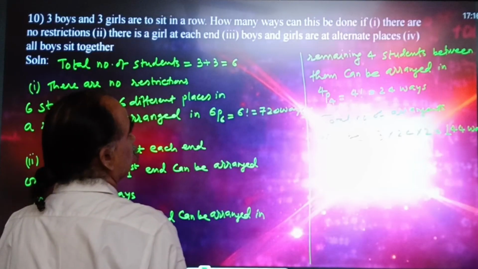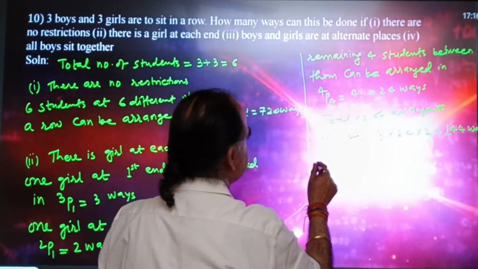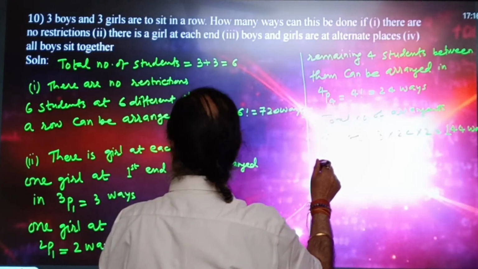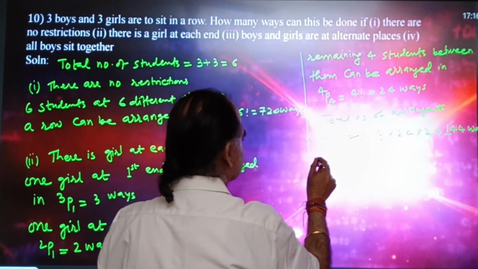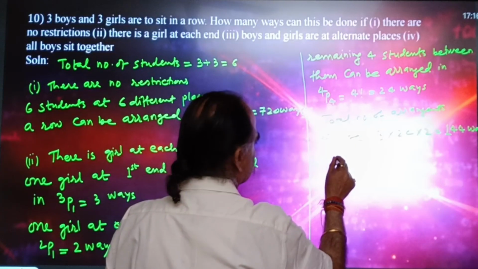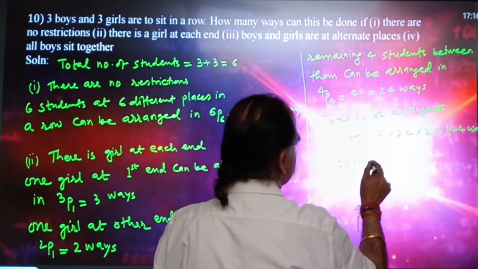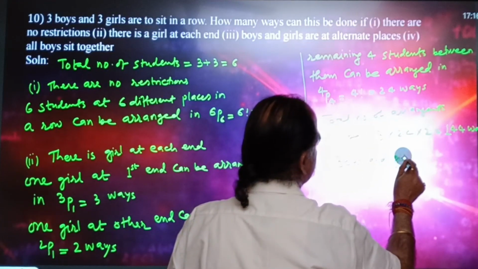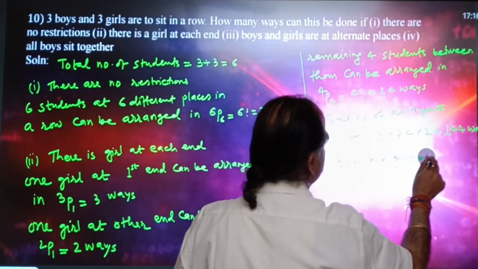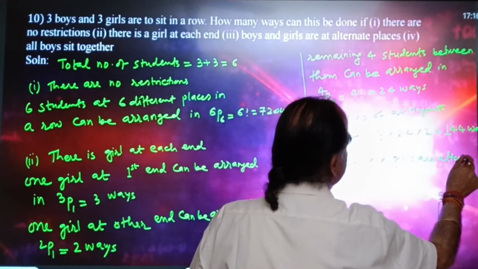Third case is what? Boys and girls are alternate.